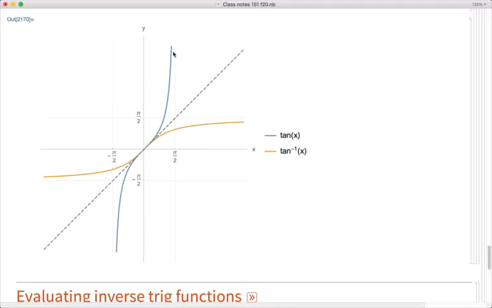And then lastly, I'm not doing this as an animation, I'm just showing the blue graph. This is the tangent plotted again just from minus pi over 2 to pi over 2. And when we reflect across the y equal x line now, we get the graph of the inverse tangent, this yellow graph here.